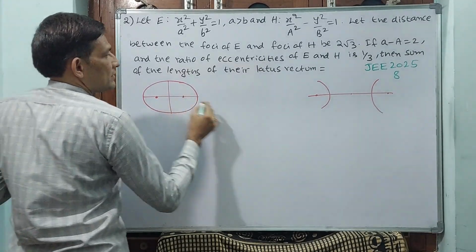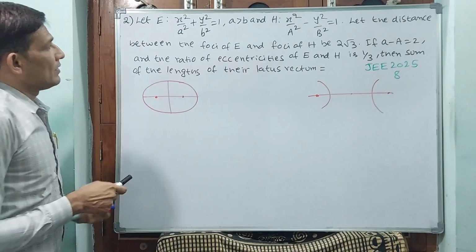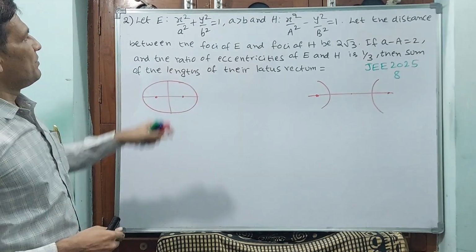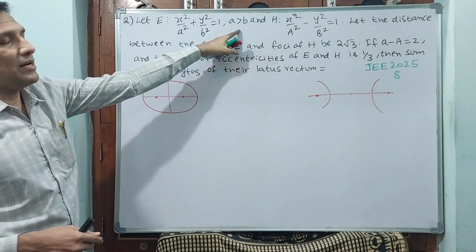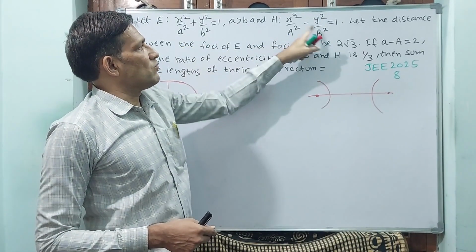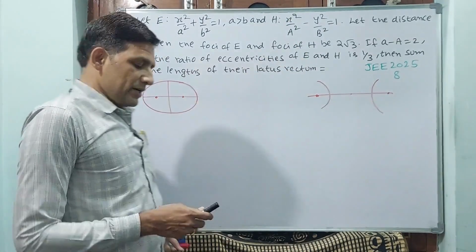This is a focus, here is a focus. Both are on the x-axis only, not on the y-axis. Why? Because for the ellipse a is greater than b, and for the hyperbola it is minus y square, but x square has not come negative. That is why this is also on the x-axis.